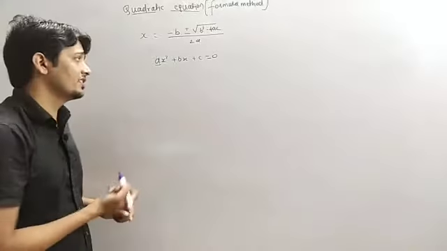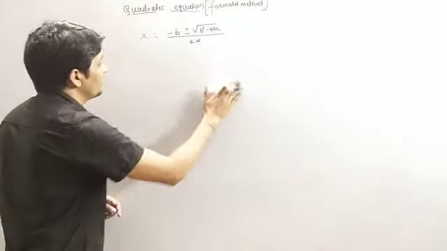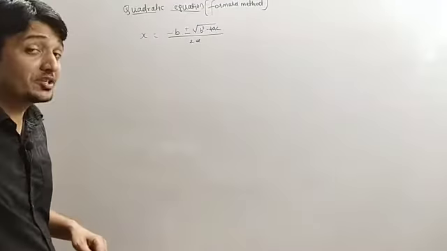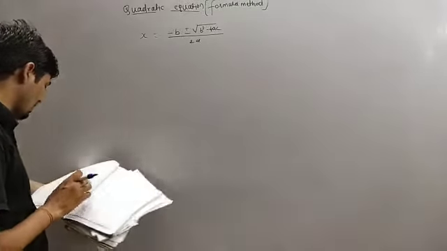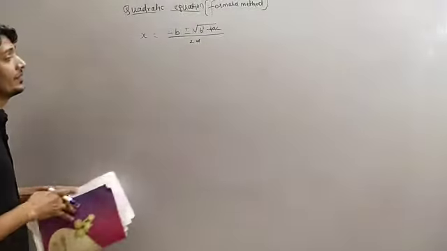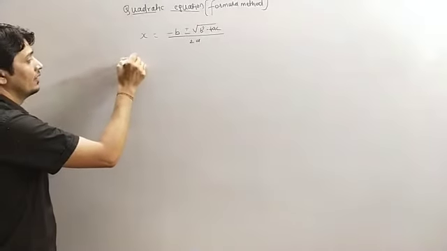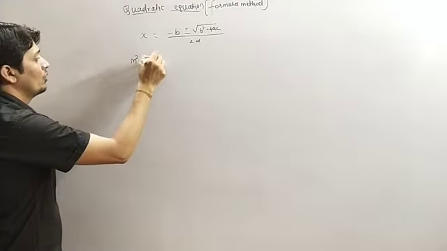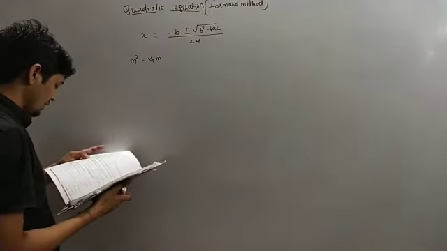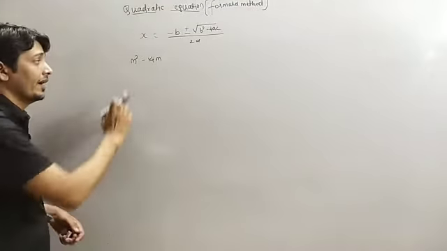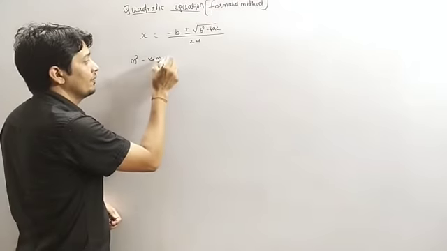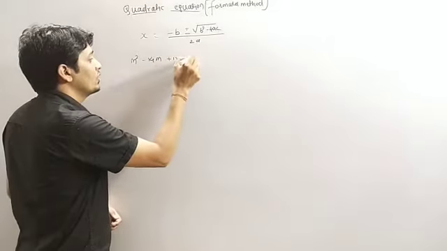The first example that we are going to solve is given in your textbook, page number 40. The example says m square minus 14m plus 13 equals 0.